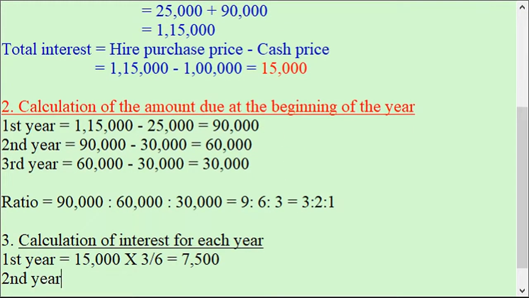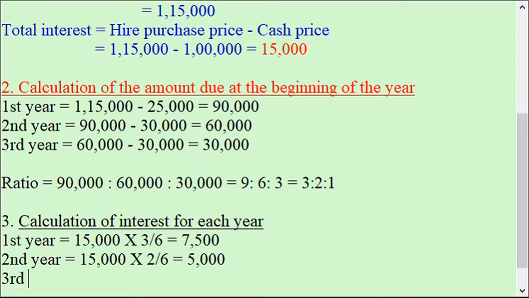Second year, 15,000 is the total interest and the ratio is 2 of 6. So that gives you 5,000. Third year, it's 15,000 into 1 divided by 6. That's rupees 2,500.